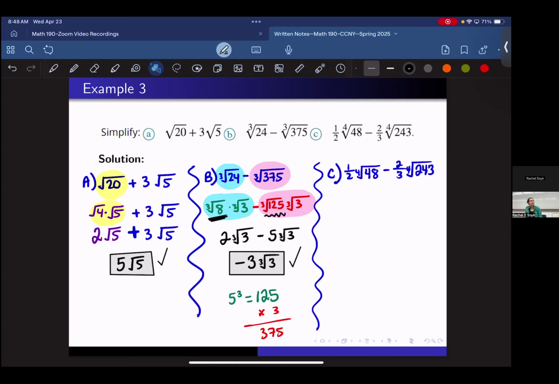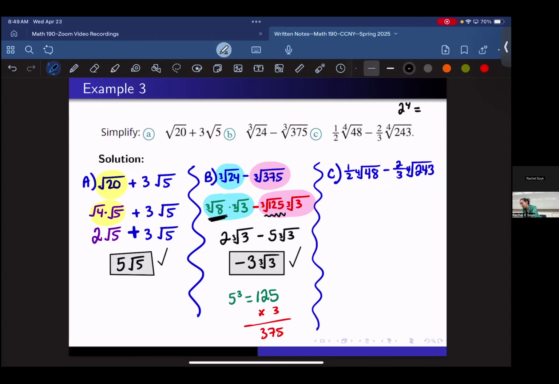So let's continue. Let's look at part C. Now we're looking at quartic root. So what times what times what times what? And so the first one you want to think about is the easiest number, 2. 2 to the 4th power gives you what?